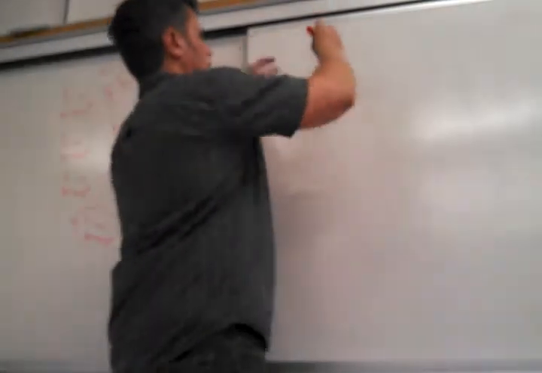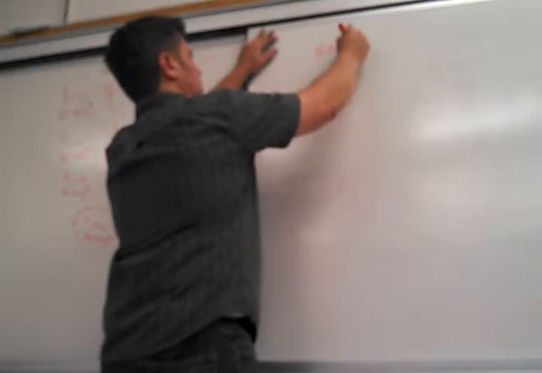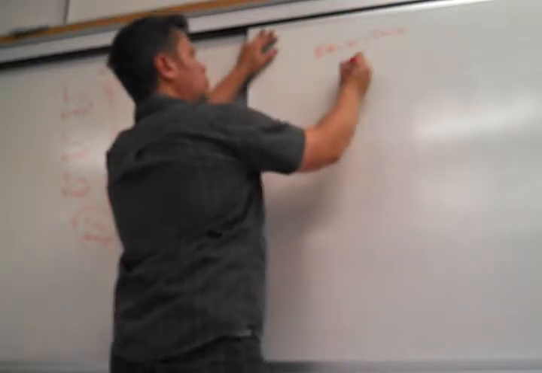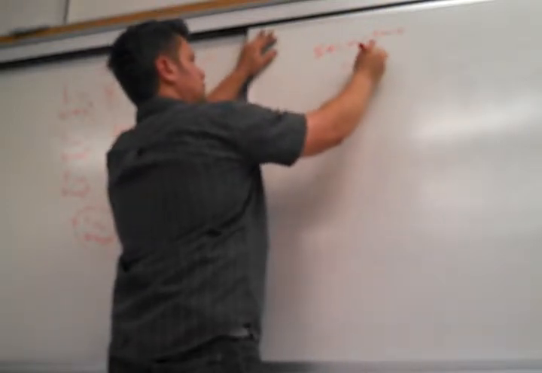Like on the one before that, secant x minus tangent x, we applied L'Hopital's rule twice or whatever, and ended up with cosine x over sine x, which still equals 0 over 0. Right? So we had secant x minus tangent x, which we rewrote as 1 minus sine x over cosine x.